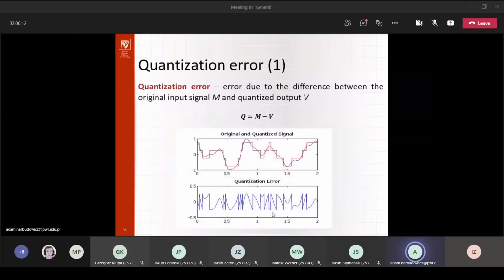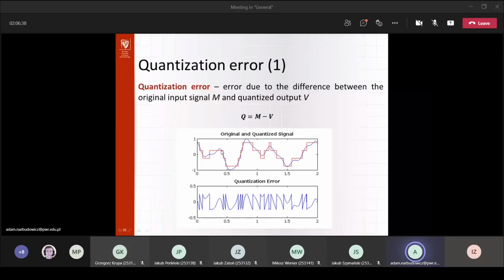Anyway, as I mentioned, the quantization is a non-reversible process, leading to quantization error, and hopefully this graph here should explain why. On the top drawing, we have the analog signal, which is the blue curve, and then it gets quantized with the red curve. You can see that we are using some rounding.